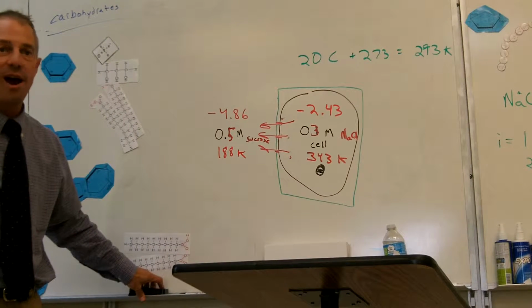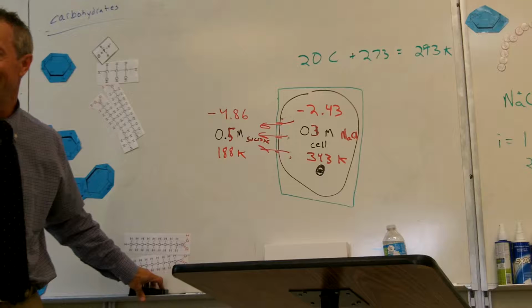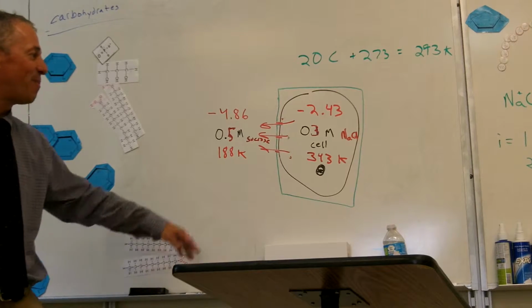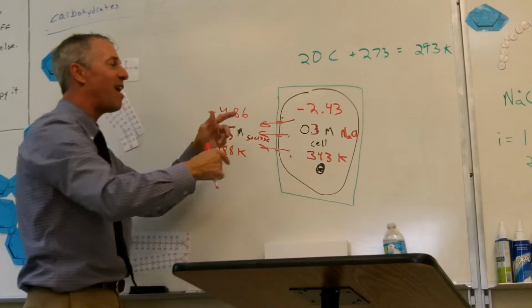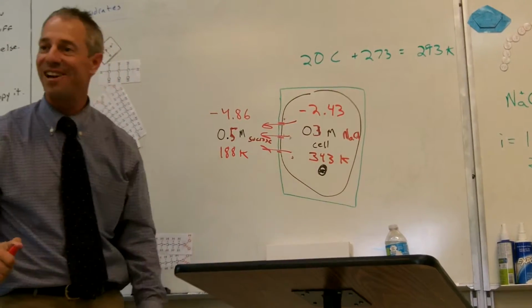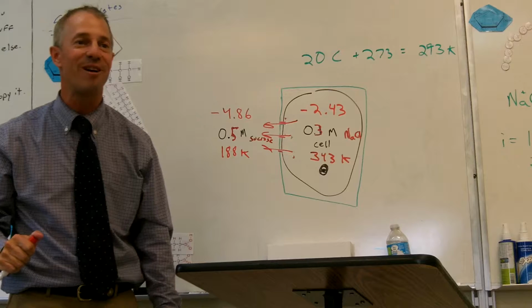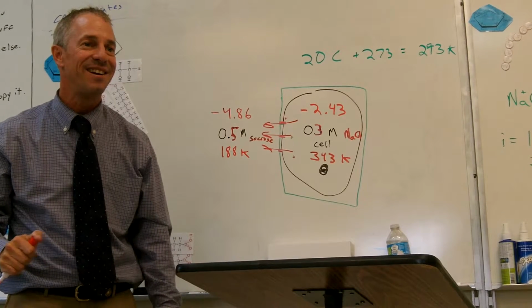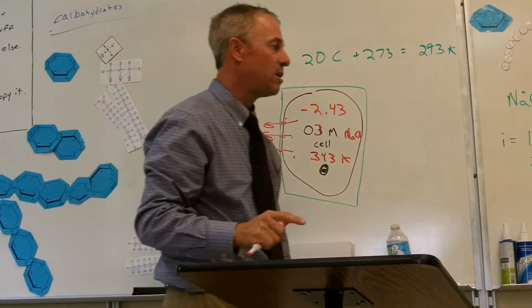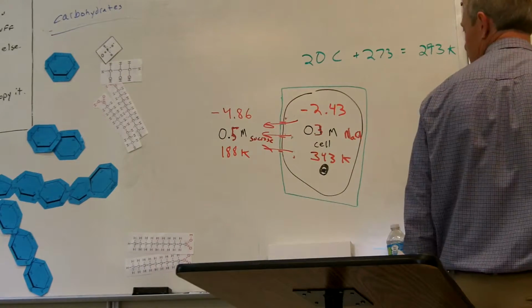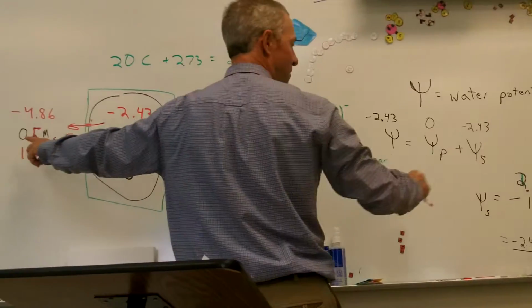You have no idea. You have to plug in these numbers and calculate, and water is going to go toward whichever gives the lower value. You see what I'm saying? It's that simple. That's all there is to this. So would the 0.5 be plugged into the C? 0.5 is the C.